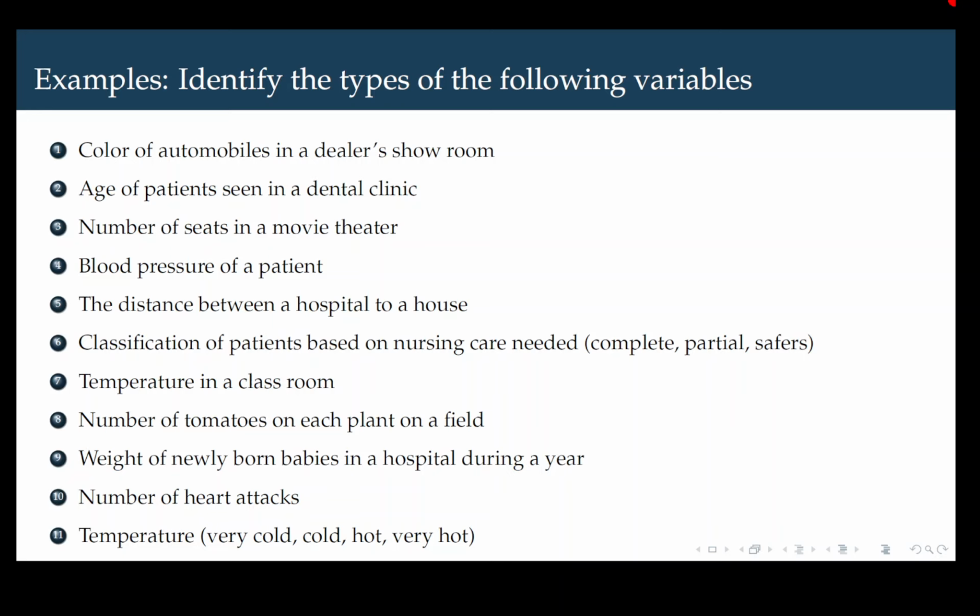You can pause the video and try to identify whether each variable is quantitative or qualitative. If quantitative, whether the variable is discrete or continuous, and if qualitative, whether the variable is binary or multinomial.